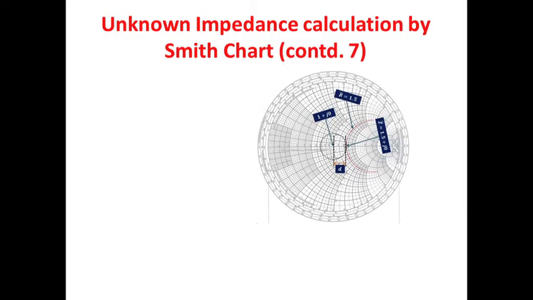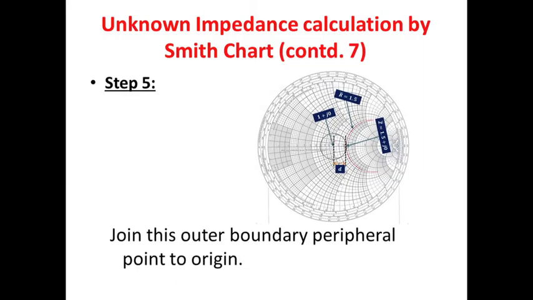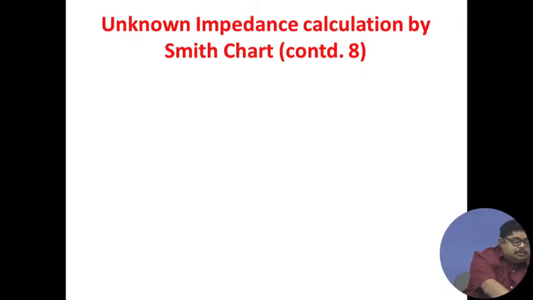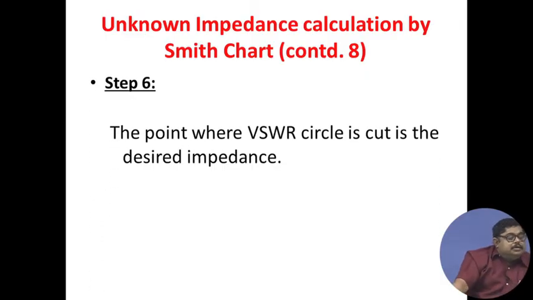You find that point and join this outer boundary peripheral point to the origin. The next step: the point where the VSWR circle is cut is the desired impedance.